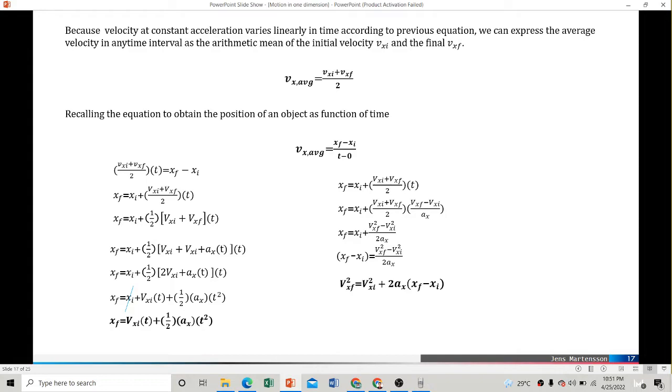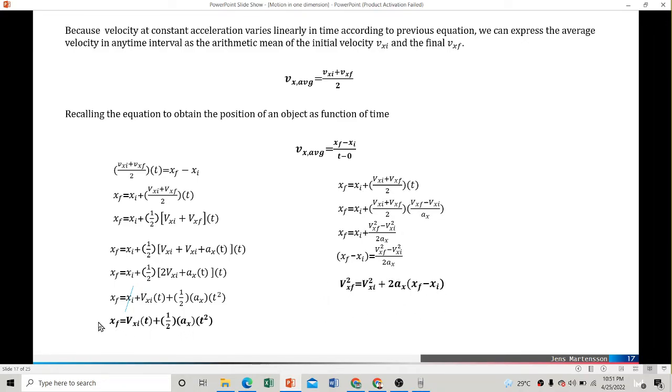Then we rearrange again, transposing the initial distance, in terms of the final velocity squared. So now we have here the second equation.